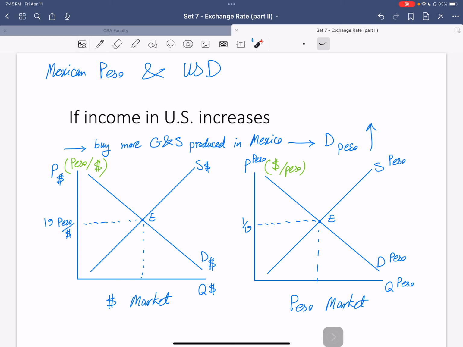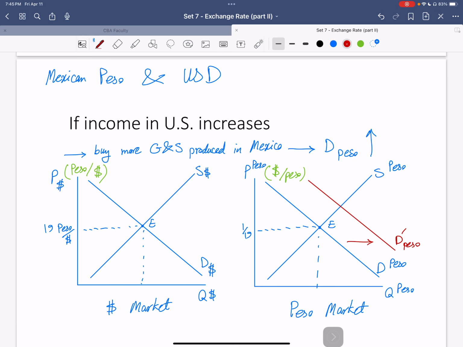If US citizens' income increases, people are gonna travel to Mexico, are going to buy more goods from Mexico. In this simple example, I'm assuming that there are only two countries, Mexico and the US. We can think of different countries as well, but for simplicity, I'm just looking at these two countries. So the US citizens have more income right now, so they're gonna demand more peso. The demand curve for peso is gonna shift to the right.